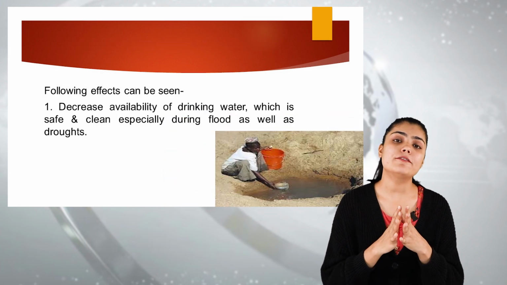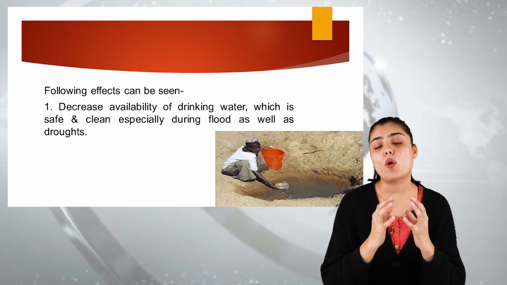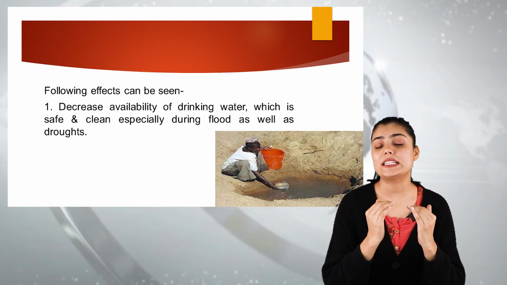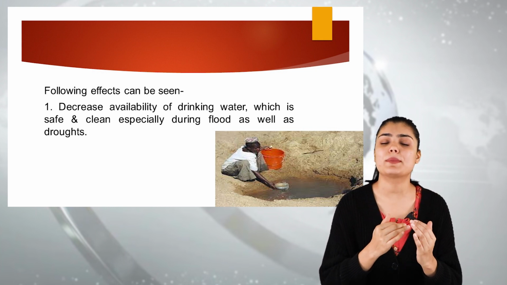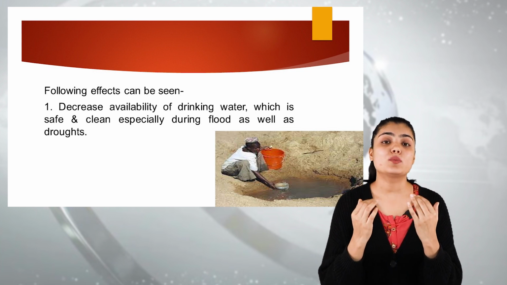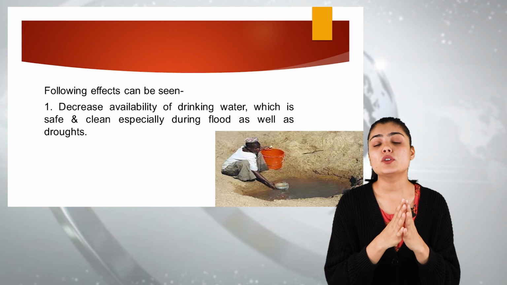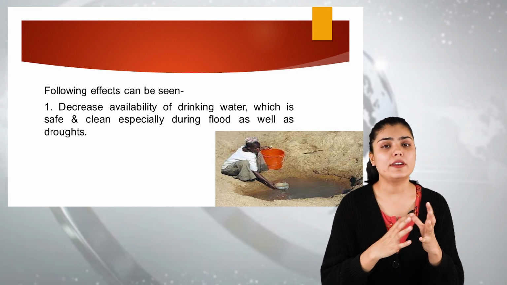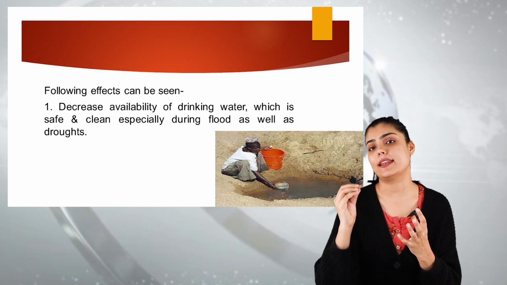The very first effect on human beings is decreased availability of drinking water, especially safe and clean drinking water. As there is increase in the climate, as there is global warming, as we have seen that the sea level will rise, there will be droughts and floods. Now during the period of flood or drought, there will be scarcity of drinking water which is clean and safe.